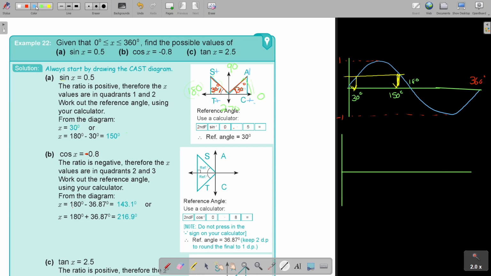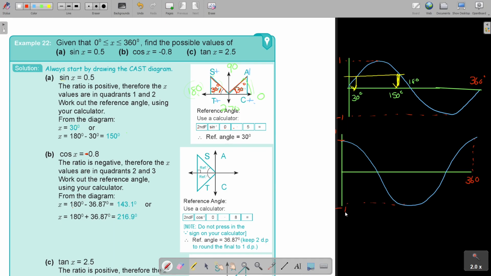So the cos graph looks like a curve. Again this will be 360. The maximum is 1, the minimum is again -1.